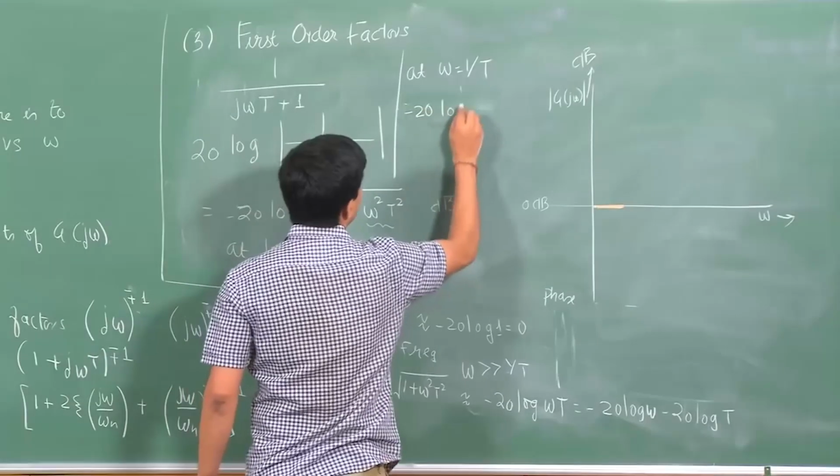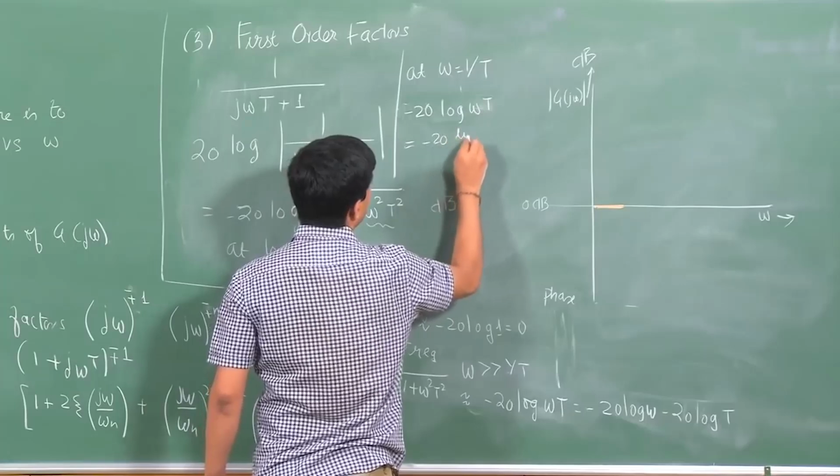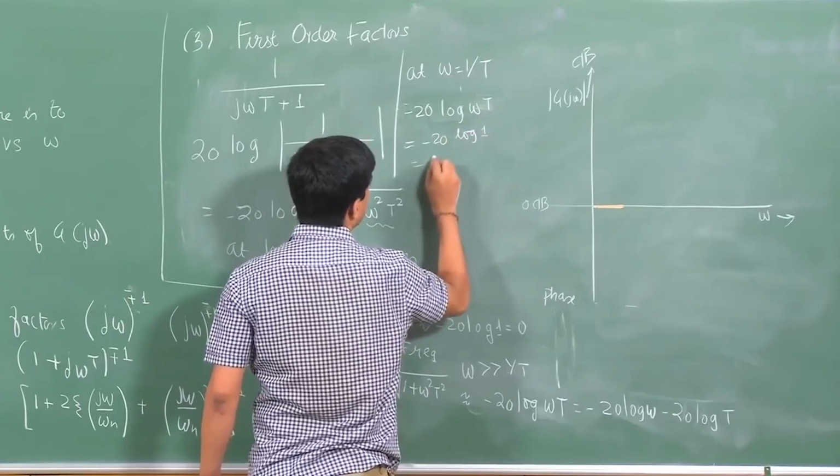Minus 20 log of omega T would be minus 20 log of 1, and that will be 0.